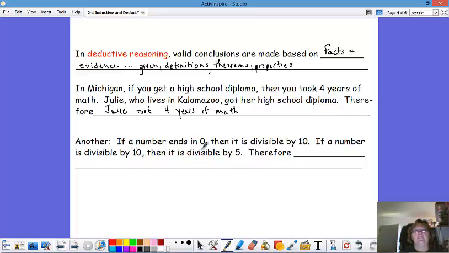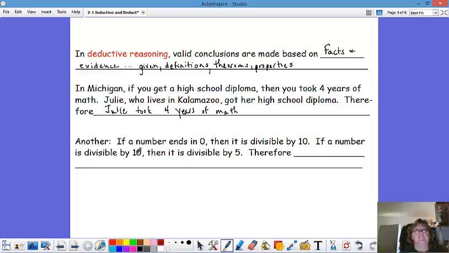Here's another example of a slightly different kind of logic stream. If a number ends in 0, then it's divisible by 10. And I want you to think about that for a minute and make sure that you think that's true. 100 ends in 0. Is it divisible by 10? Some people say 0, but 0 divided by 10 is still 0, right? 0 divided by anything is 0. So it still works. So if a number ends in 0, it's divisible by 10. That's the fact.